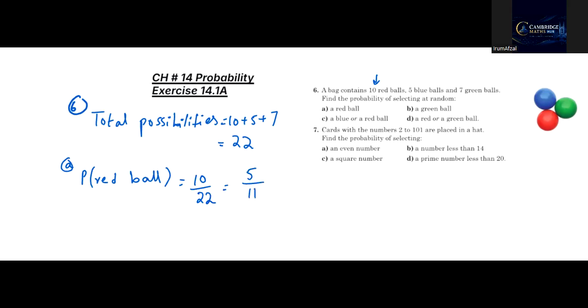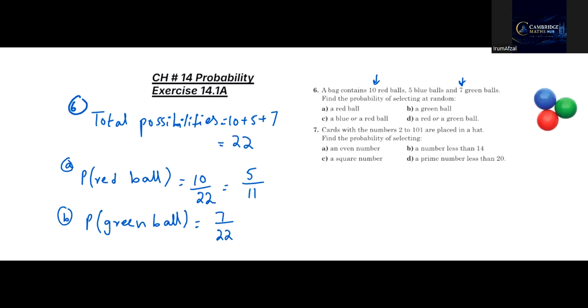Next is part number B. We have probability of getting a green ball. How many green balls we have? 5. Sorry, these are the blue balls. Green balls are 7 out of total 22 balls. So this is the probability because this can't be further simplified. So we can leave it over here.